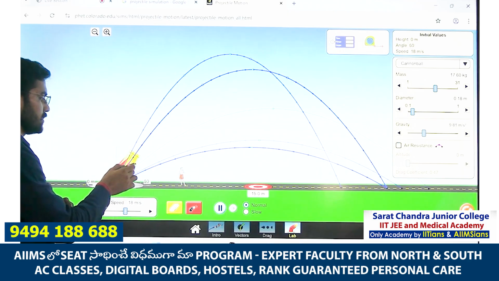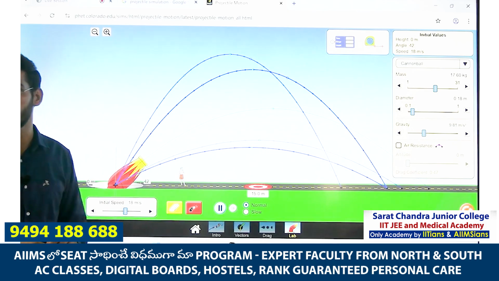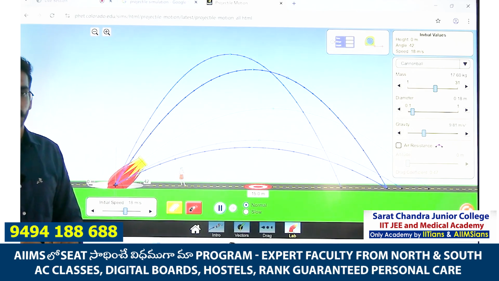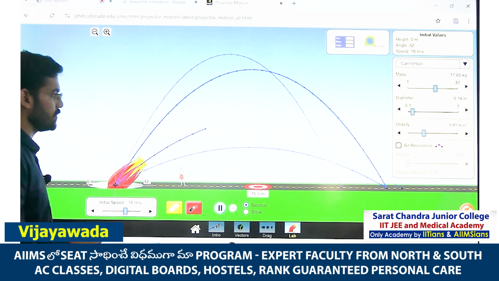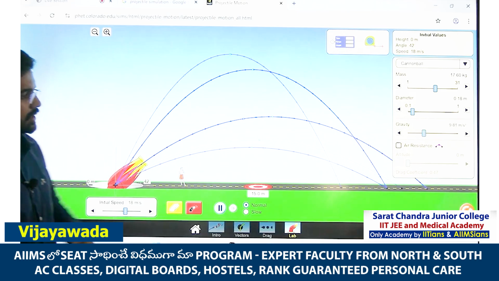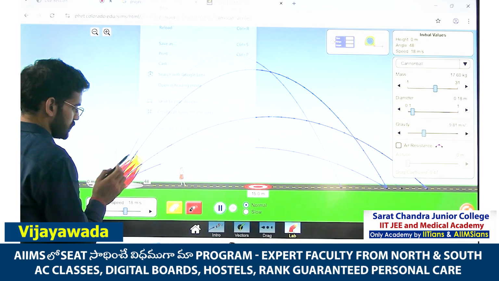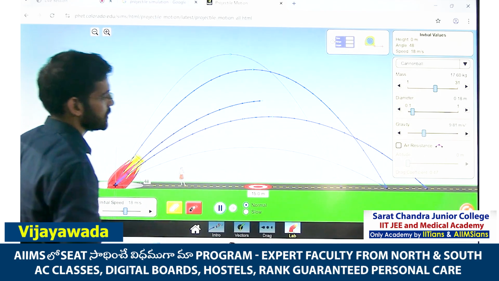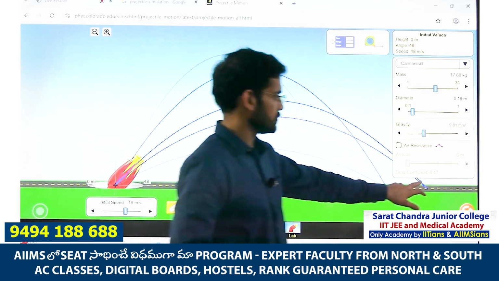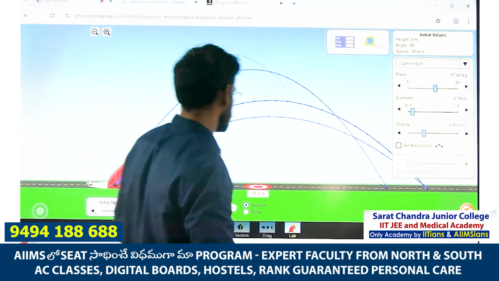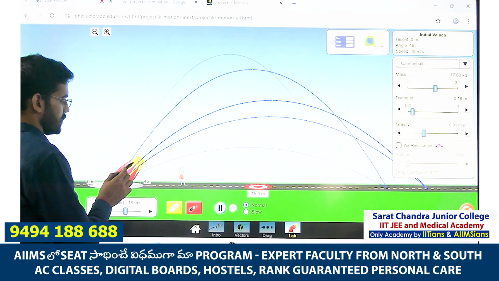Like let's say you take 42, the complementary will be what? 48, right? So 42 and 48 will have the same range. You see it is hitting here. Let's go with the 48. It will come exactly the same, see, right? Here. Exactly the same, right? And 45 will be more than both of them.